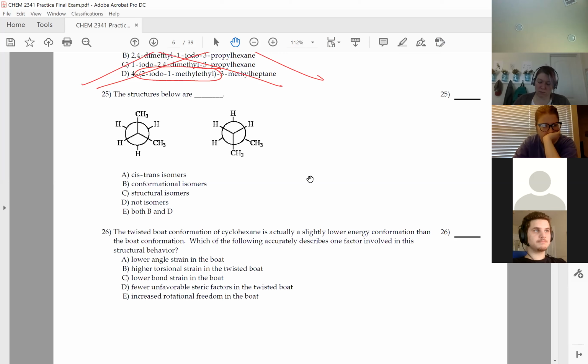So the first question is, are they the same compound? No, because the CH3 is on the same carbon in the first one and on different ones in the second.